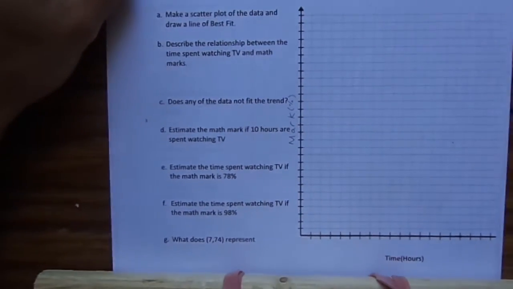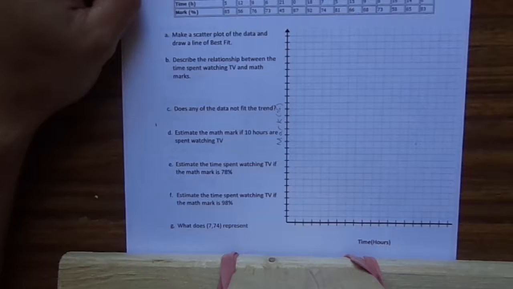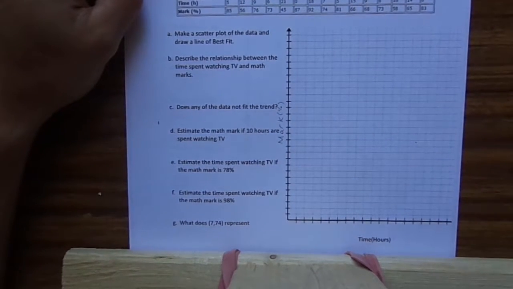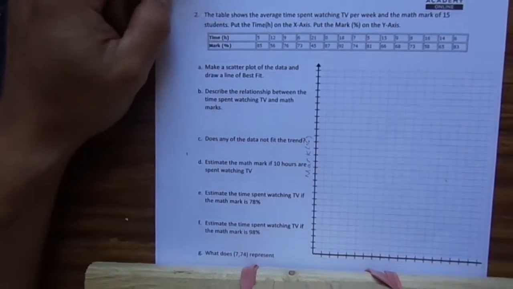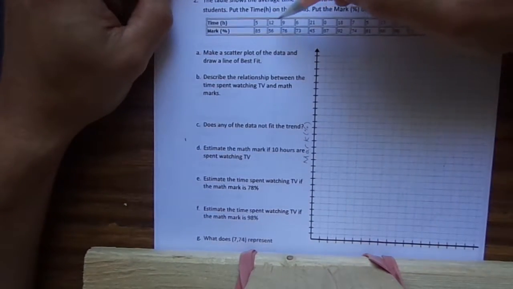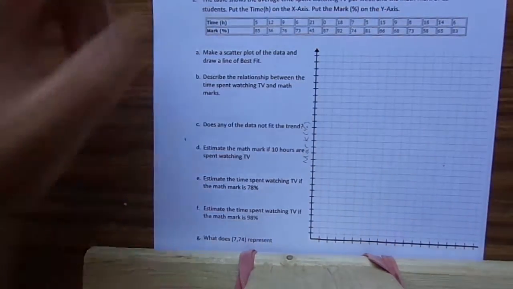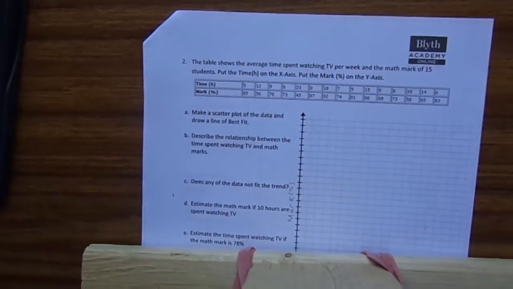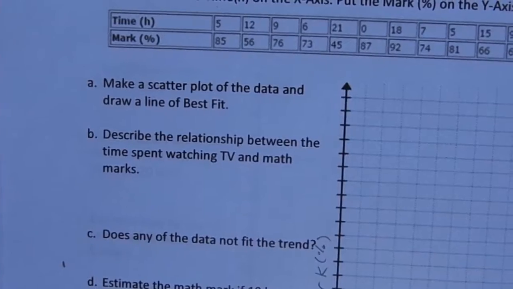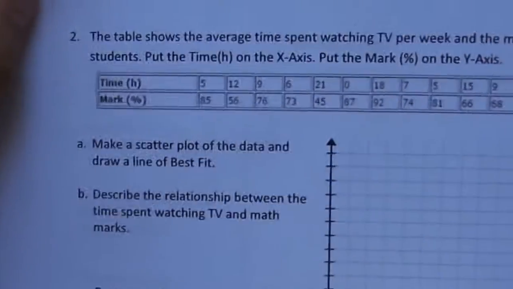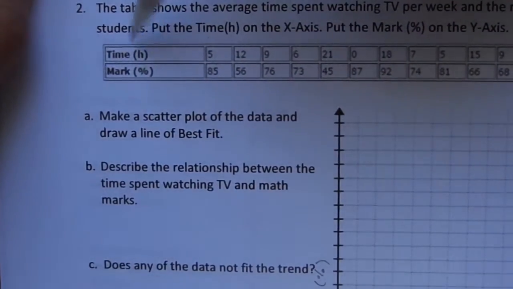Okay, so here's where we need to be a little more strategic. So let me try to zoom out here. Okay, so if we look at the time row, as you can see here, the top row represents the time.